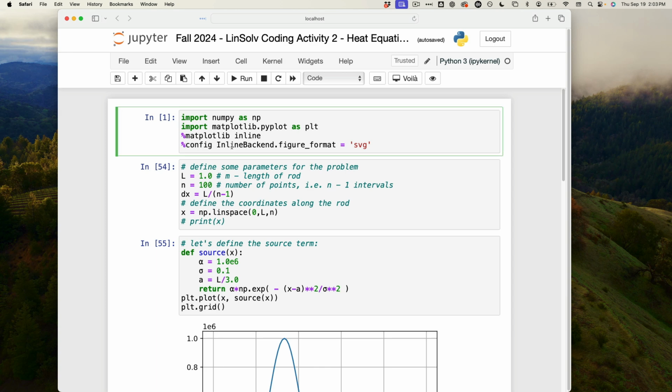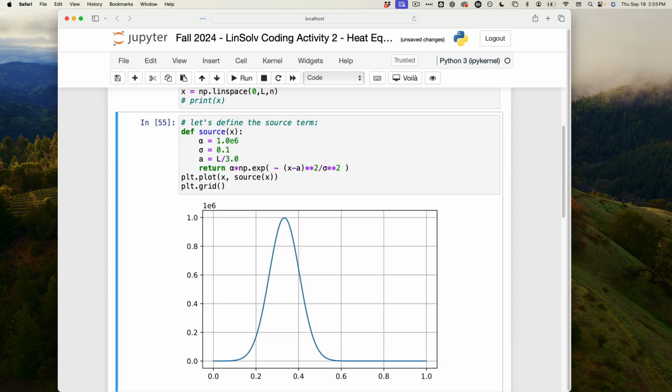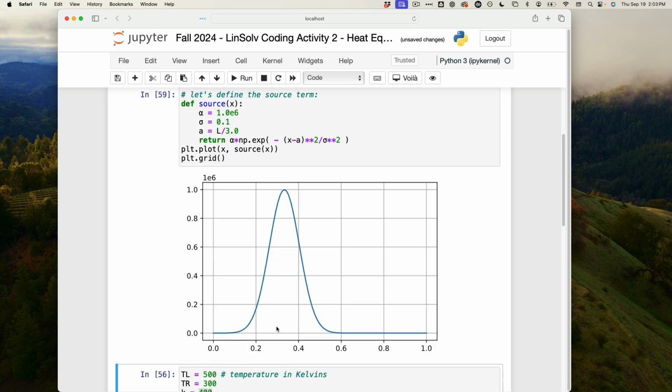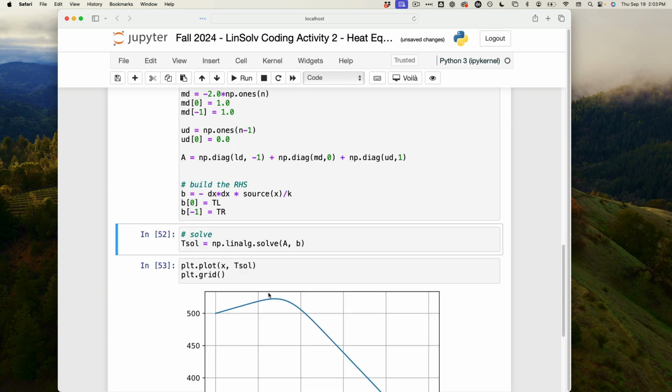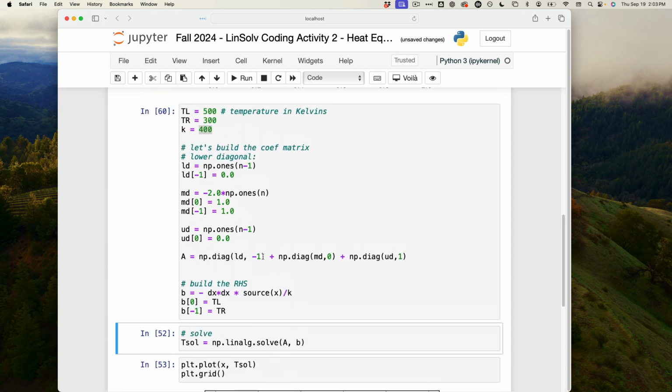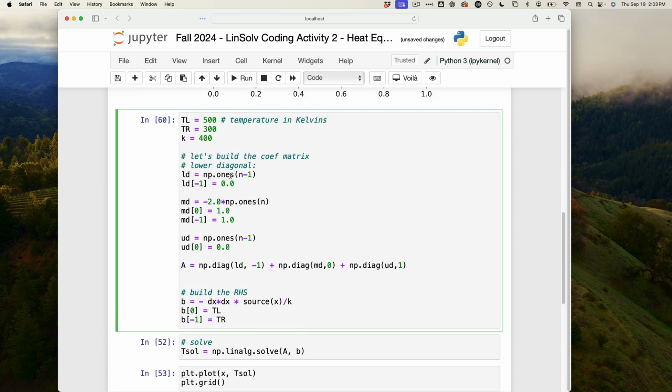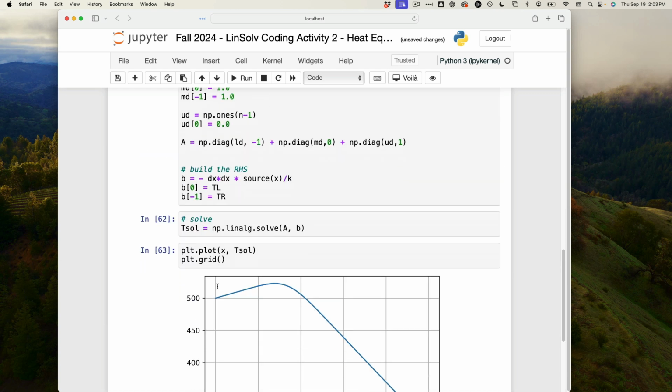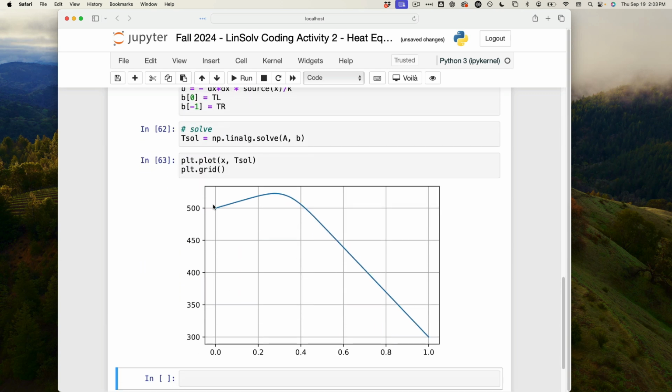Open up those notebooks and let's run it again. We had the heat located at about 1/3, and we were working with 400. We solved the system and plotted the temperature distribution. 100 on the left, 300 on the right, and there was some heat in the middle.